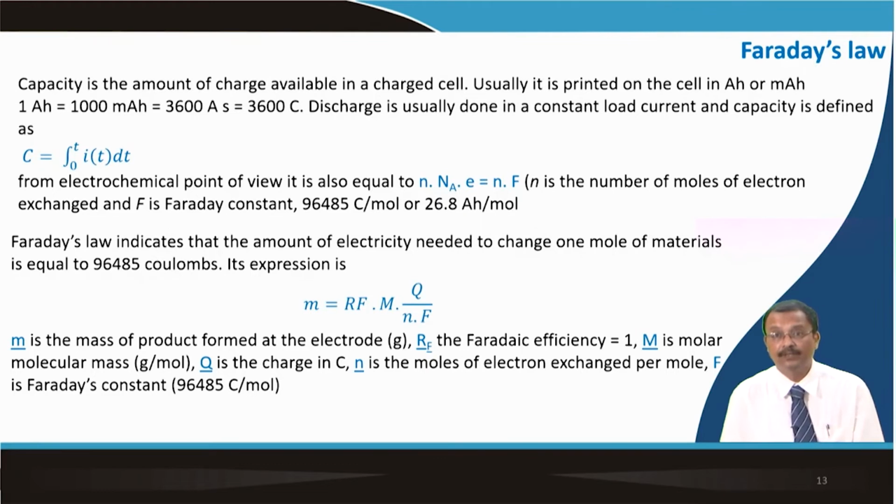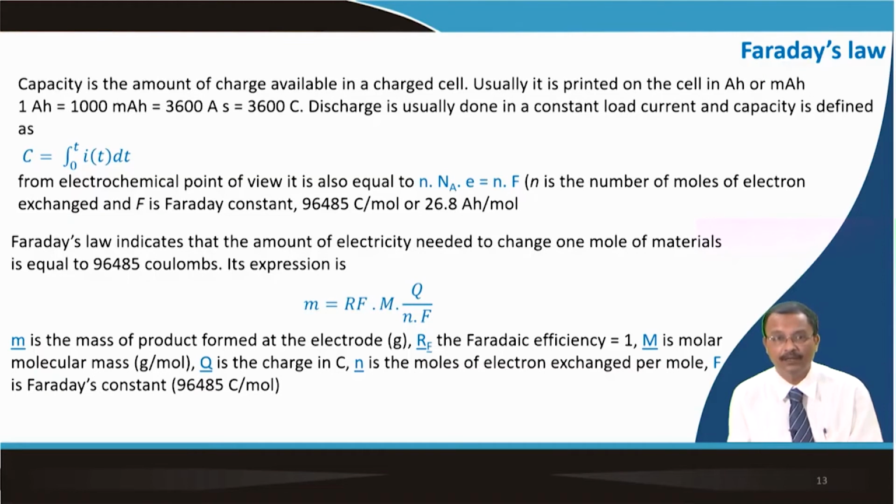So, next I will talk about the Faraday law. The capacity, as I told, is the amount of charge that is available in a charged cell. Usually, if you see a battery, it is printed on the cell as ampere hour, or sometimes for smaller batteries as milliampere hour.